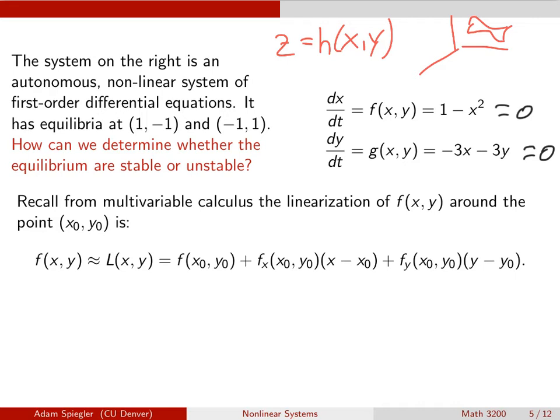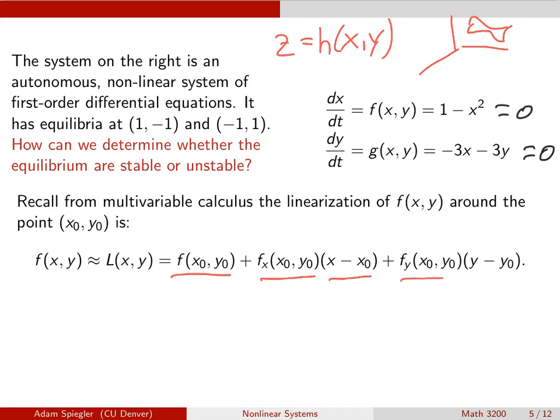How that works is pretty similar to how we find tangent lines. The linearization for a function of two variables we get by first evaluating the function itself at that point. So that's this piece over here. Then we calculate the partial derivative of that function with respect to x at the point where we're doing this linearization, and then we multiply that by x minus x0.